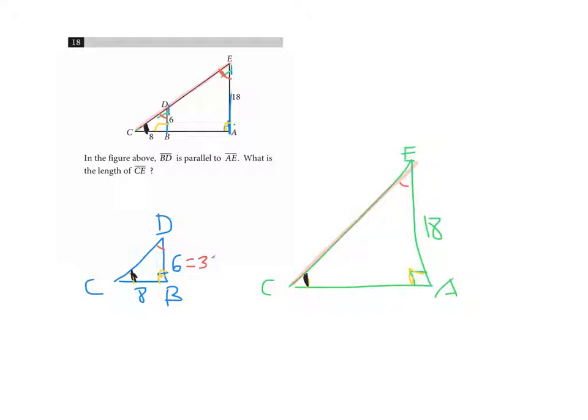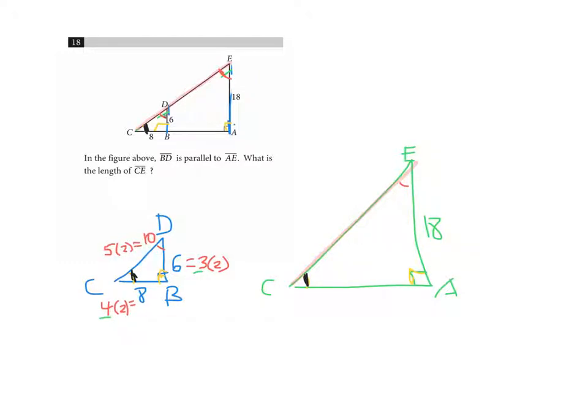3 times 2 would give me 6. And it is the case, luckily, that 4 times 2 would give me 8. So already we have a 3, we have a 4, so we know that 5 times 2 is going to give me this one, so that's 10.